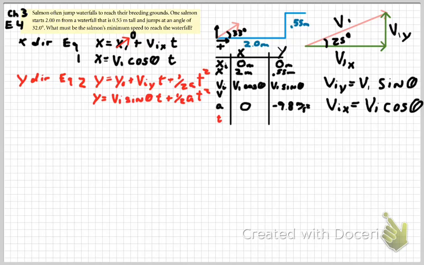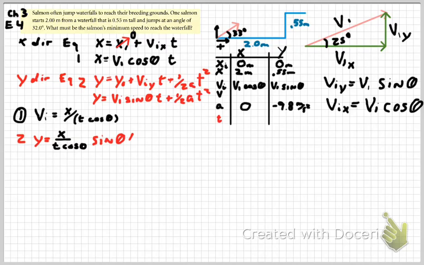I could have solved for t, but with a t squared term, things get a little trickier, though we would get the same answer. What we get is V_i equals x over t cosine theta. That's solving equation 1, and we're going to put it in equation 2.